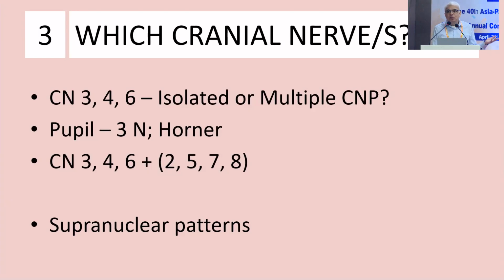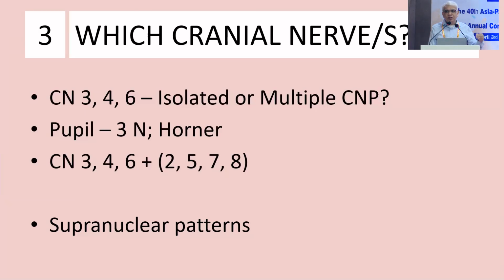Right, then we go on to our examination and we are looking at our ocular motility, and just to be brief, these are the things I am looking for. 3, 4 and 6, is it isolated or combined, multiple cranial nerve palsy? Look at the pupil, is it anisochoric, etc.? Are you looking at a third nerve palsy, or the presence of Horner syndrome is also important to us.